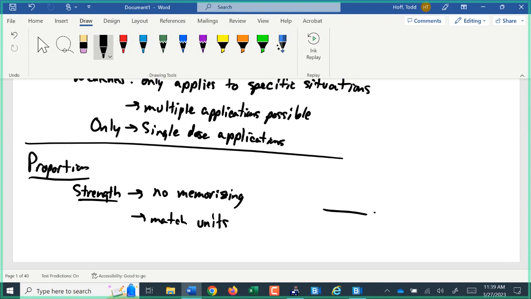If we looked at our proportion, it didn't matter whether we did the doctor's orders and the on-hand dose together. All that mattered was that those two had the same units. So whatever goes on top has to have the same units from one side to the other, and then on the bottom, the same thing.